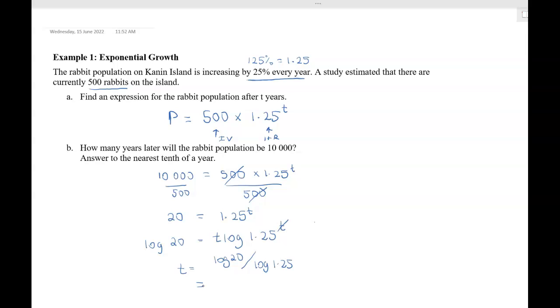So grab your calculator and we'll check this together. And I got 13.4 years. One way to check that is we could put it back in this equation here, and we should get an answer about 10,000.